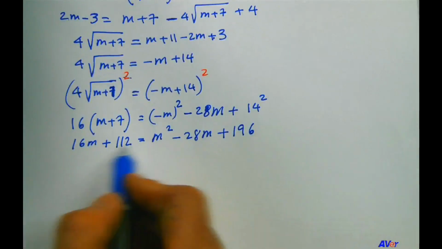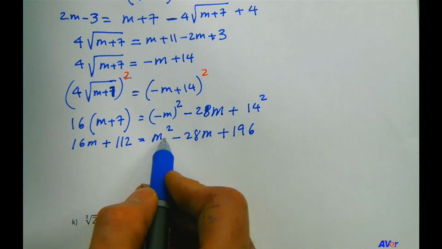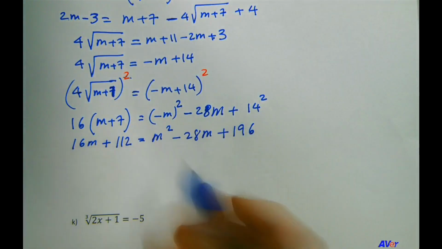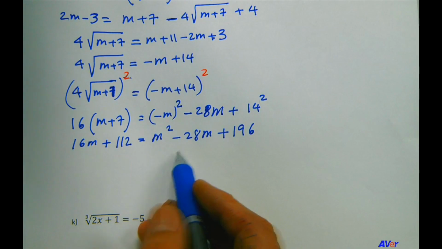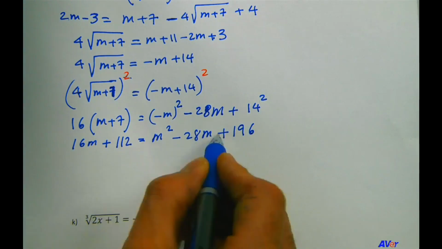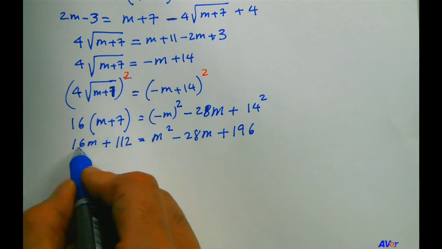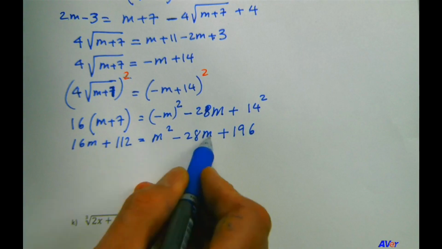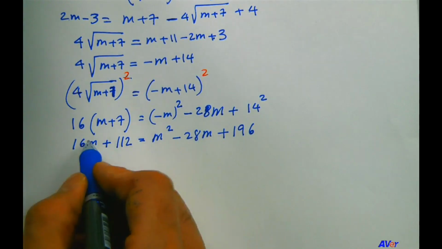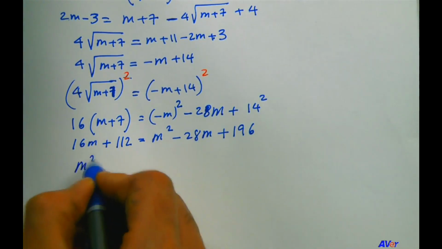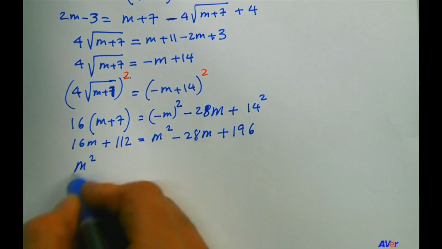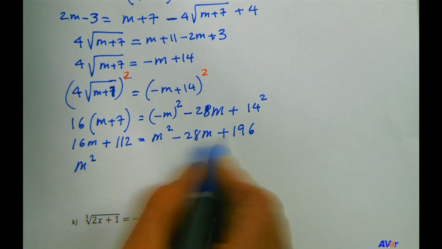So this is a quadratic equation in m. So let's move everything to one side and set it equal to 0. I'm going to keep all of this on one side because it already has a positive coefficient, so it's fine. I'm going to move these two terms to join them. M squared minus 28m plus 196, notice the signs stayed the same, which means I did not move any of these.